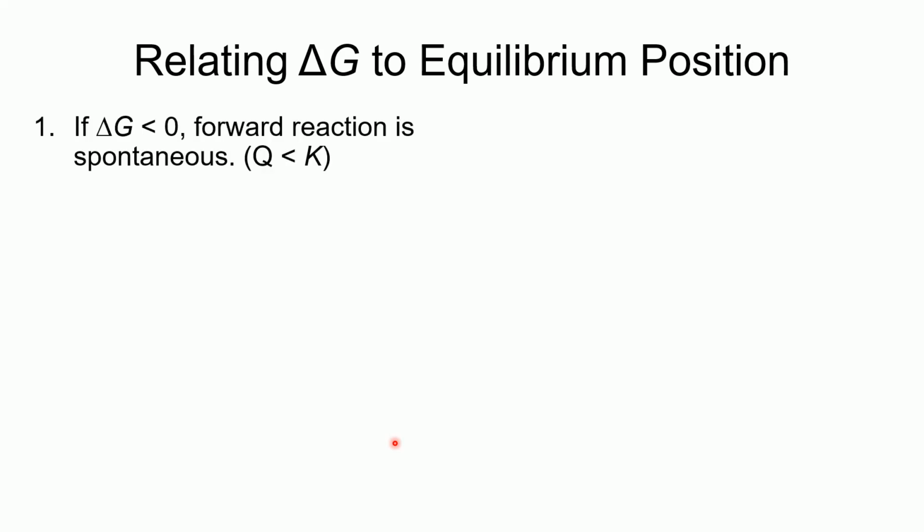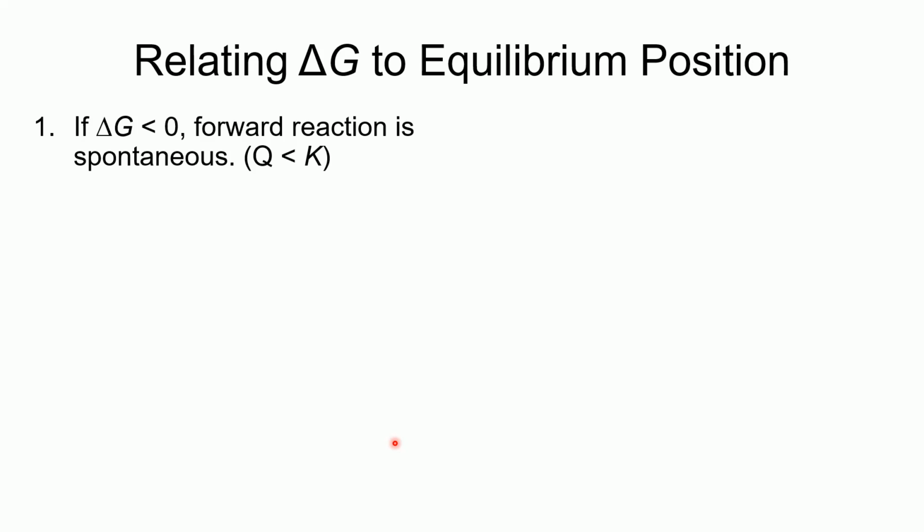Now, we want to be able to relate delta G to our equilibrium position. We are going to use that equation in just a few minutes, but we want to relate delta G to our equilibrium position, and we can do that by looking at a few definition values.